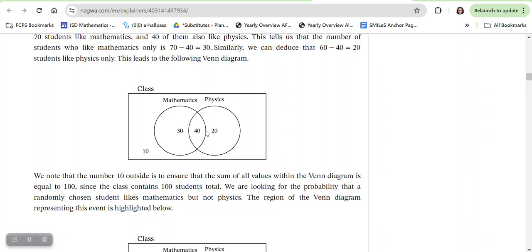So if you wanted to find the probability that a randomly chosen student was in math, you would consider both these and these students. That would be 70 students out of 100. So the probability that a randomly chosen student is in a math class would be 0.7. The probability that a randomly chosen student is in a physics class, you would add these two together, 60 out of 100, which is 0.6.